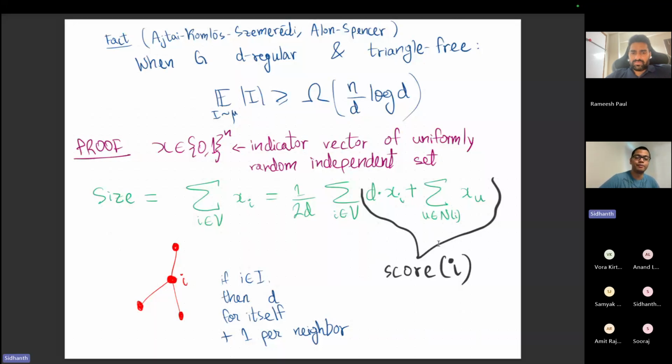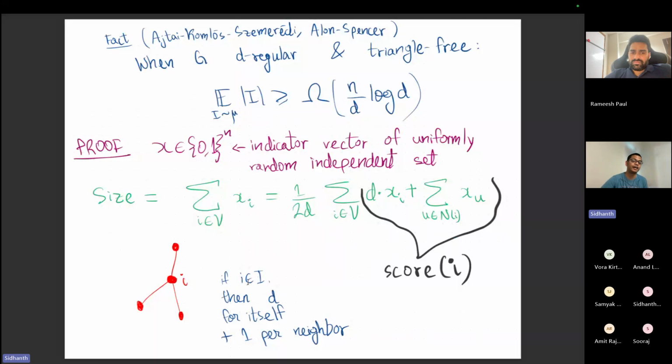Okay, so now I claim in this sum, I count every vertex 2d times. In particular, if this vertex i is in the independent set, then it gets a weight of d for the term i in this outer sum. And for each of its neighbors, it gets a weight of 1 in this inner sum.